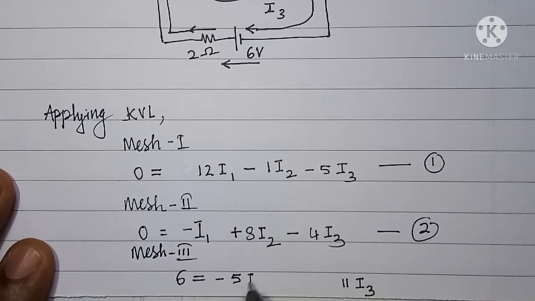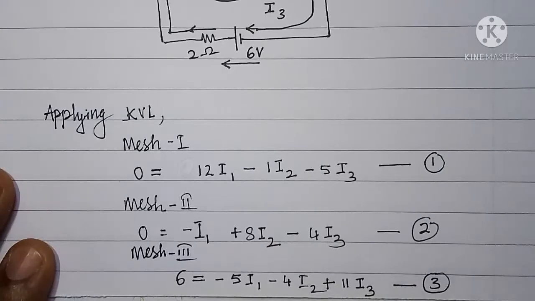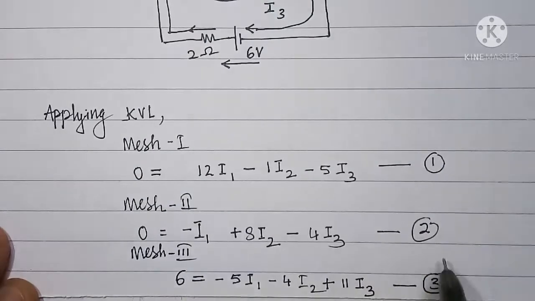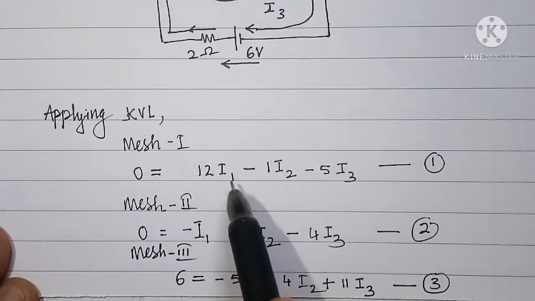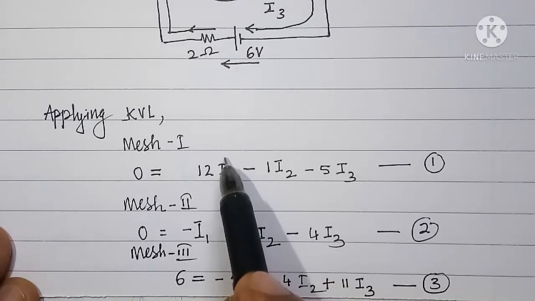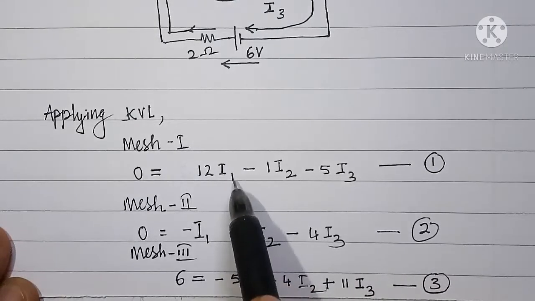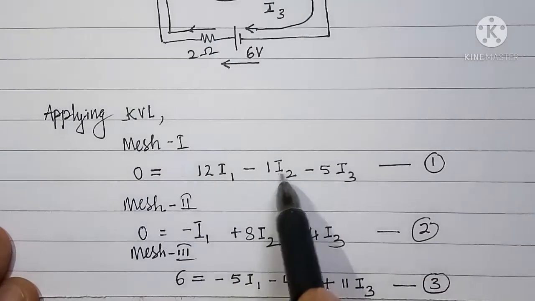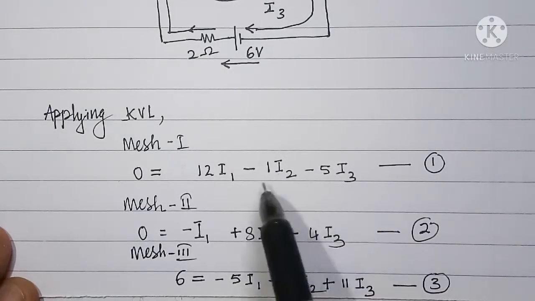So minus 5I1 minus 4I2. The last term is a positive term. Let us call it the third equation. So just looking at these three equations, you will understand for which mesh we are writing the equation: the drop due to that mesh current will be positive and the drop due to other mesh currents will be negative.